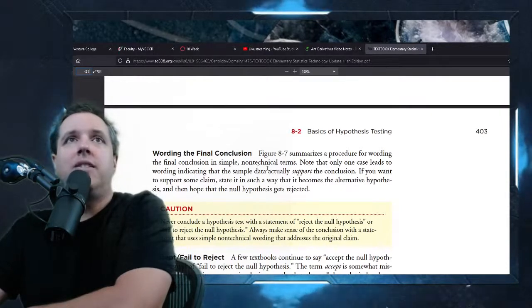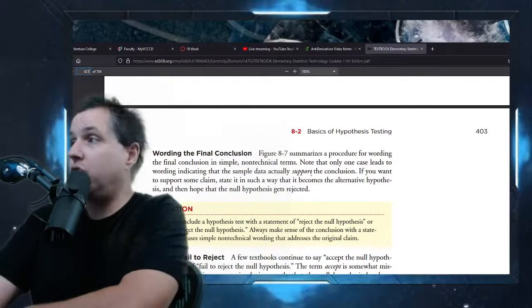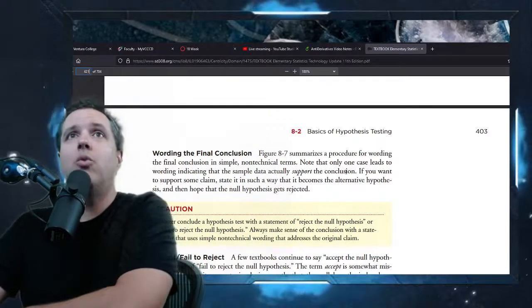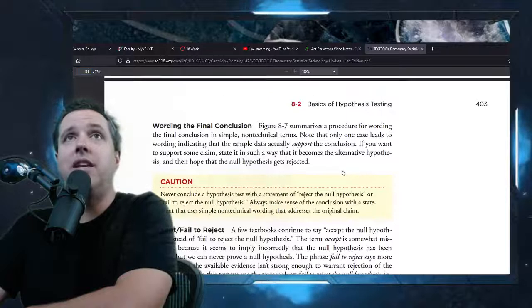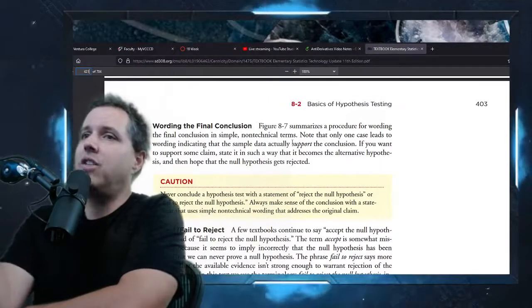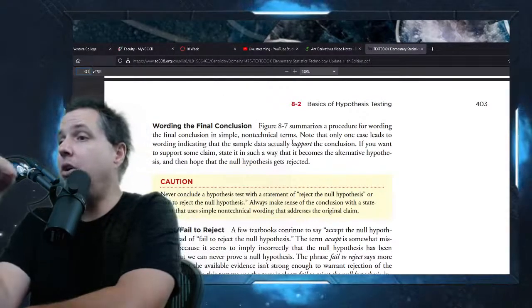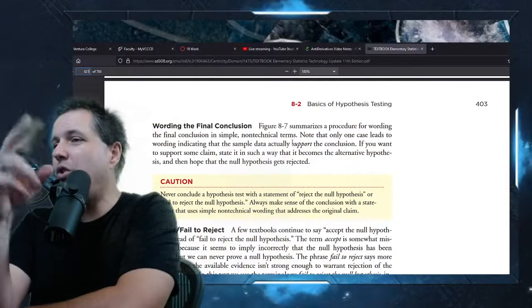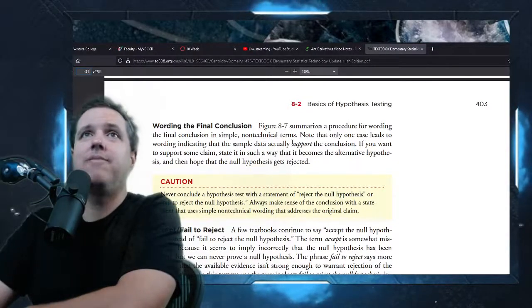Note that only one case leads to wording indicating that the sample data actually support the conclusion. That's where students go wrong sometimes, by thinking they found support for their claim when they haven't, because they put it in the wrong hypothesis. Okay.